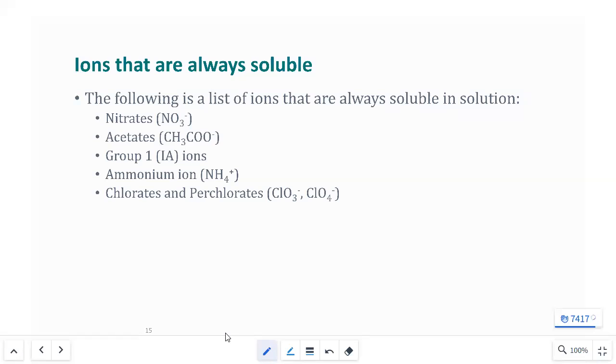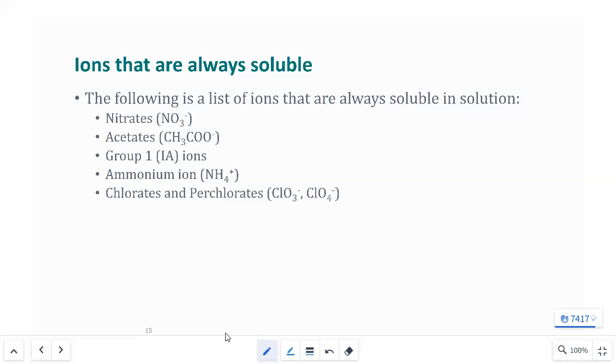So when we are evaluating whether something is a strong electrolyte or a weak electrolyte or a non-electrolyte, the first thing that we always have to do is classify it. Is it an acid? Is it a base? Or is it a salt, an ionic compound? From there, then we can get into each kind of subcategory.